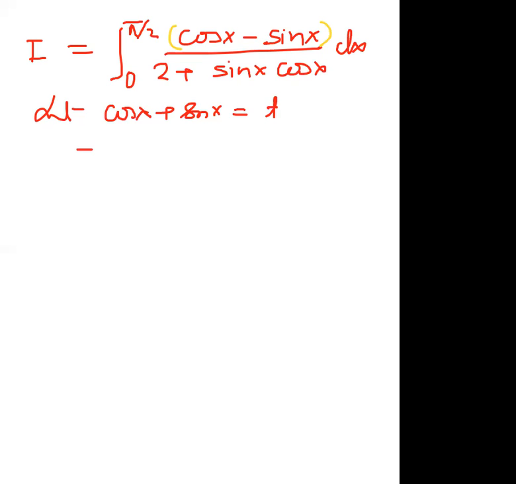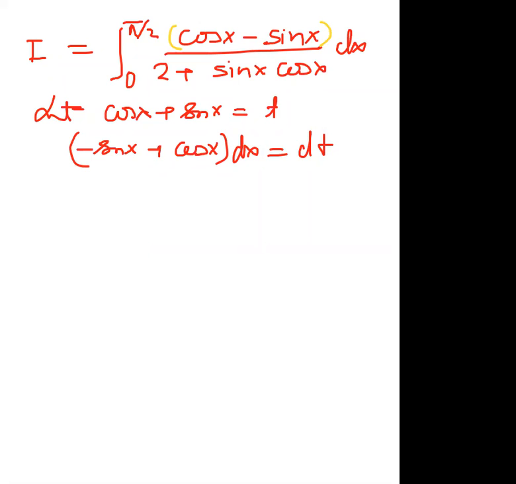So cos x minus sin x can be written as dt, as the derivative of t is minus sin x plus cos x. Dx can be written as dt. We are able to see numerator became dt, but denominator yet we have not got in the same manner as is expected.